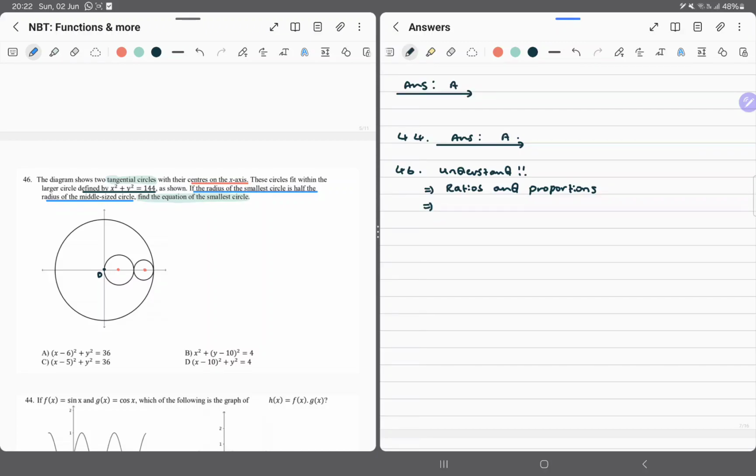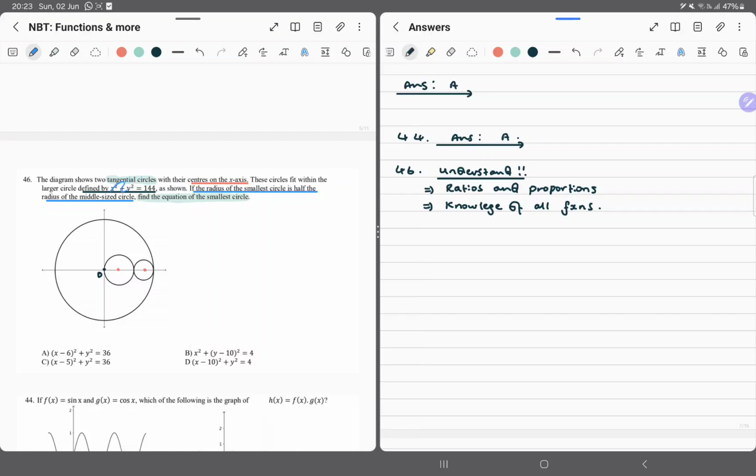What else must we know? Knowledge of all functions. Okay, we need to know all functions, circle, straight lines, whatever. Okay, this is important. So make sure this is very clear.